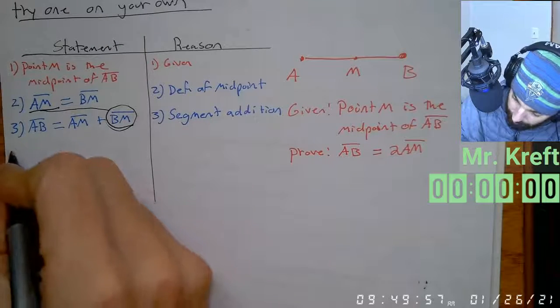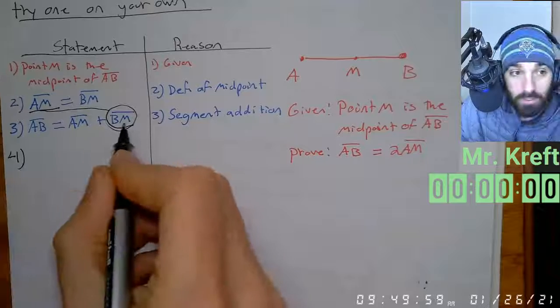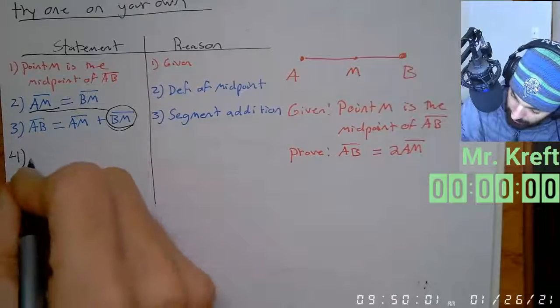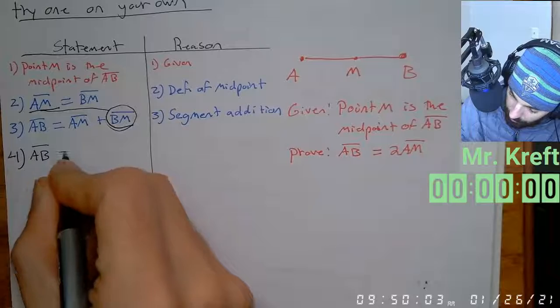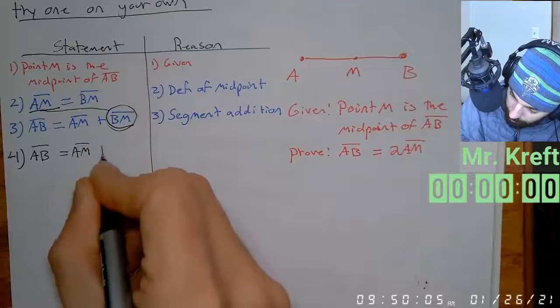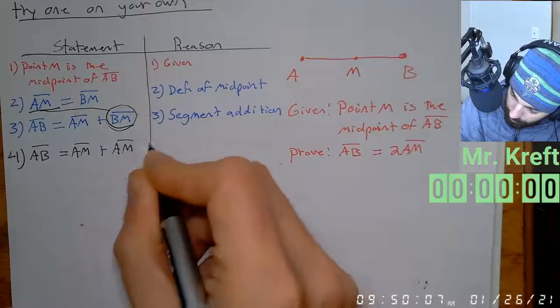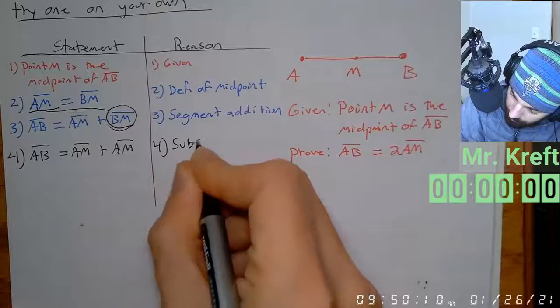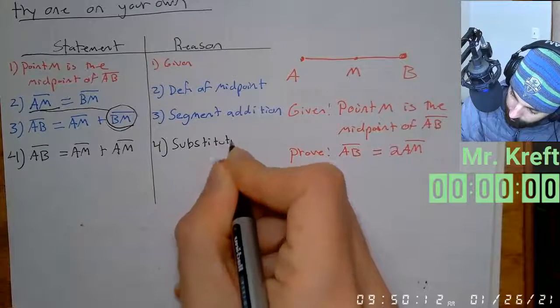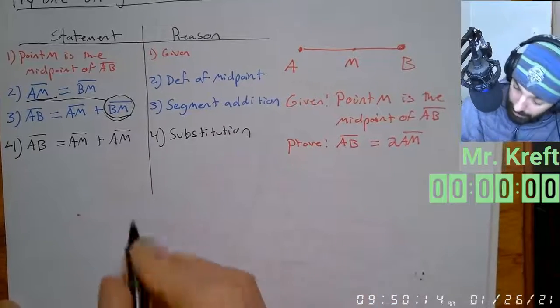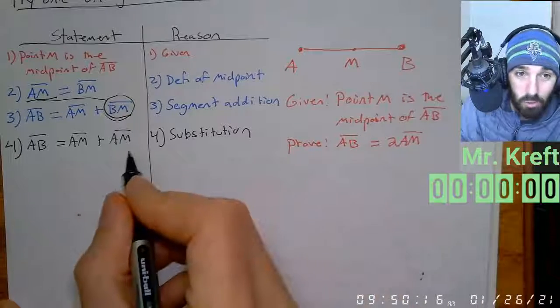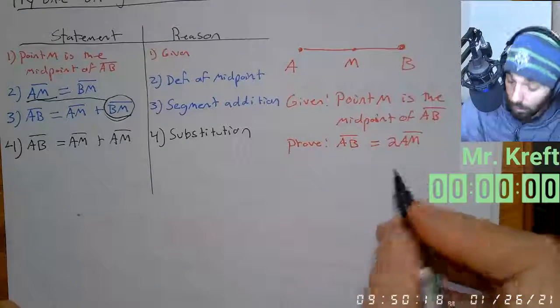So when I combine them, what I'm going to do is replace BM with AM. I'm going to get segment AB is equal to segment AM plus segment AM. And what we did here was substitution. Okay, and then, oh my gosh, don't we have two AMs? But it doesn't quite look how they wanted.